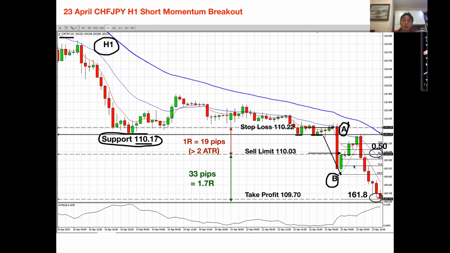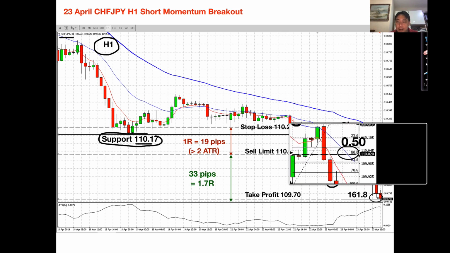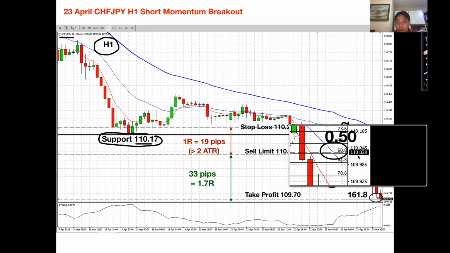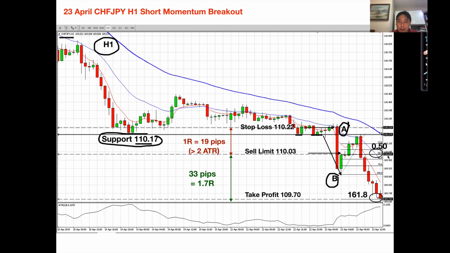Okay, so what do you do? Take the Fibo tool and click B, connect B and drag to A. So once you do that, two levels will come out on your Fibo tool. First is the 50% level, in this case 110.028. Okay, so this 50% retracement would be our entry price.